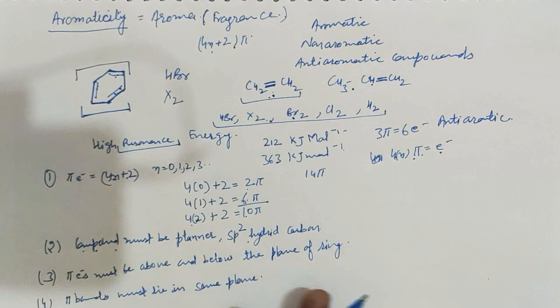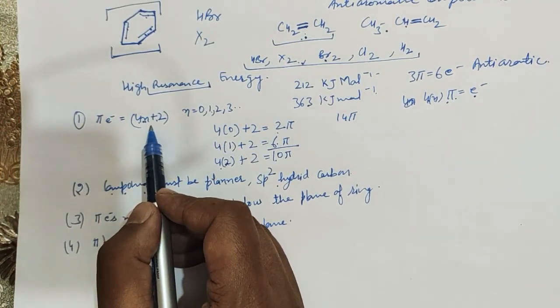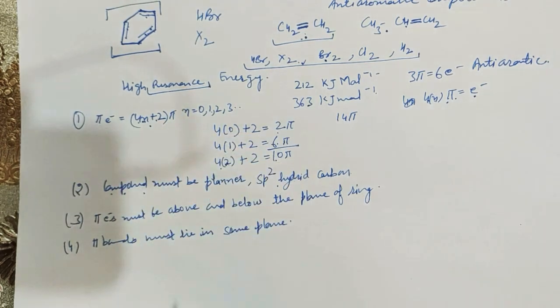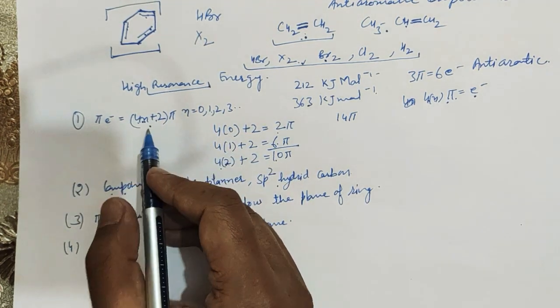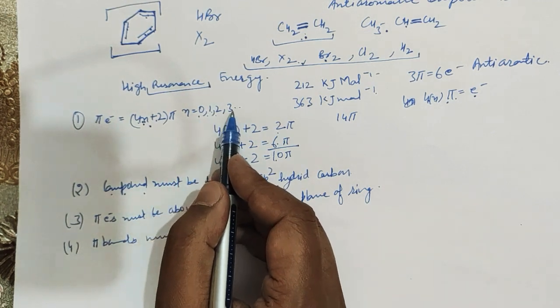The examples of aromatic compounds under Huckel's theory are, first, benzene. First of all, there should be 4n plus 2 pi electrons, where n can start from 0, 1, 2, 3, 4, 5.